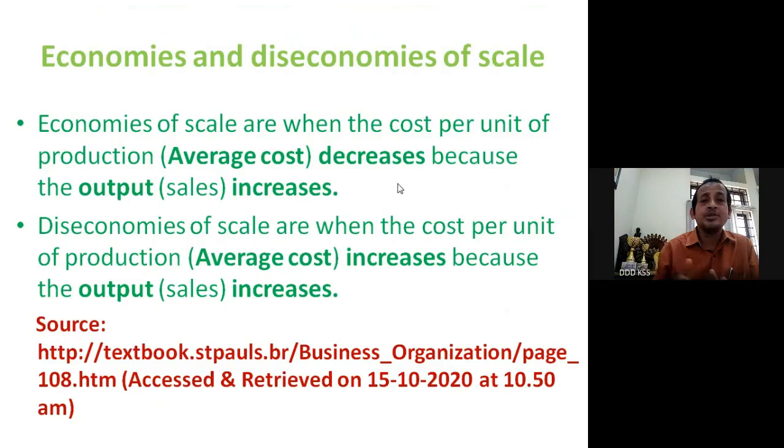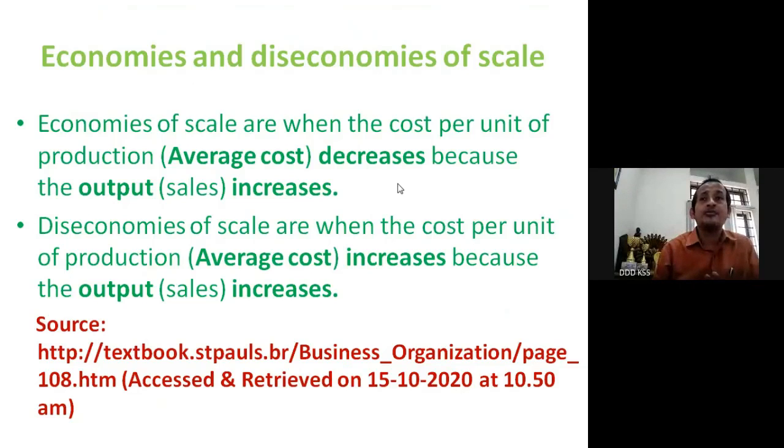As a result, average cost decreases. What I said, I repeat: economies of scale refers to the process when, due to the increase in production or output, the average cost decreases.